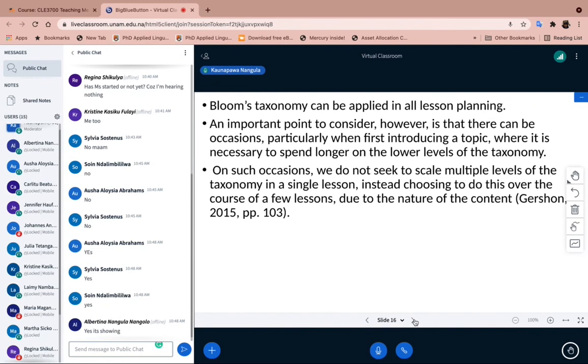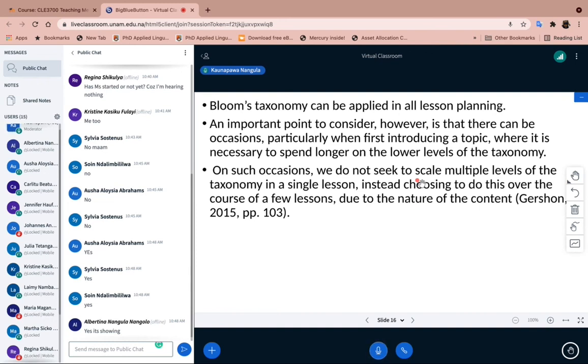Bloom's taxonomy can be applied in all lesson planning and all subjects. We spoke about that at the very beginning. But an important point to consider is that there will be occasions, particularly when first introducing a topic, where it is necessary to spend longer on the lower levels of the taxonomy. It just depends on the situation you find yourself in.